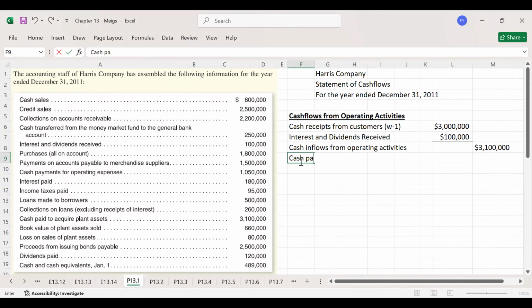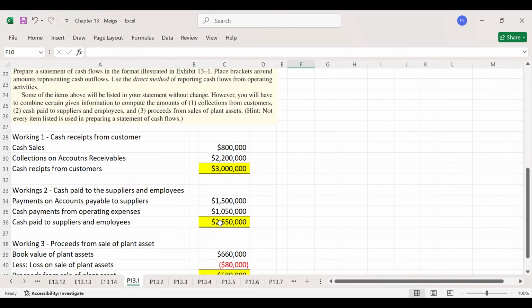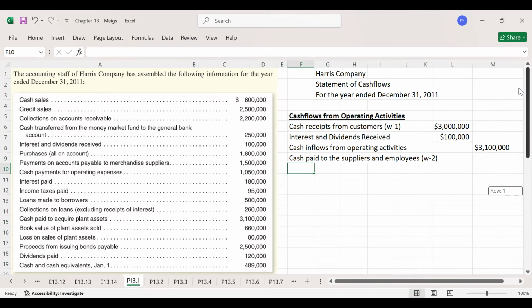For this, we have cash paid to suppliers and employees, from working two, and you can see that the amount is 2.550 million dollars. As this is cash paid, we represent it with the minus sign.